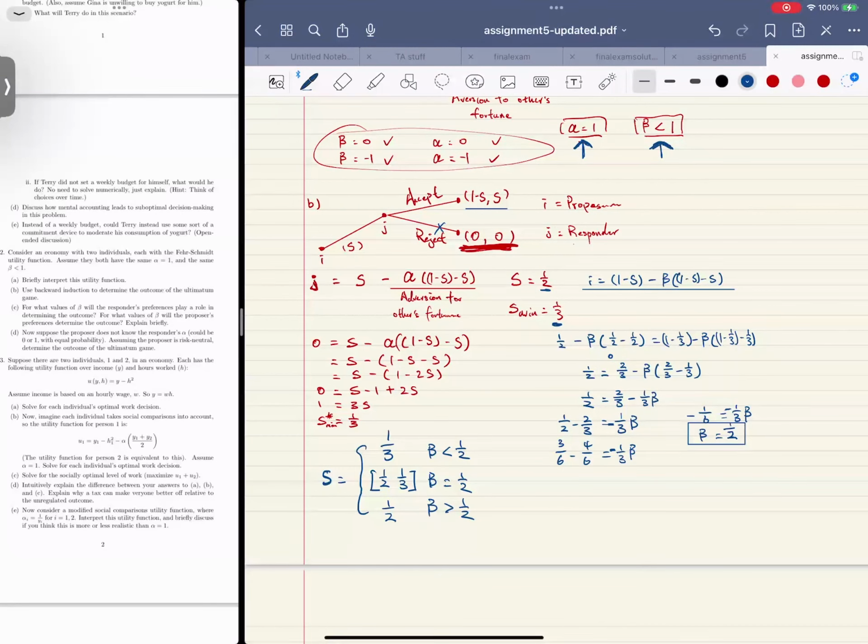So let's just recap. If beta is less than 1/2, the proposer will be careless about the responder's pain. So I will be careless about J's pain. The offer would be determined by the responder's minimum acceptance of 1/3, right?